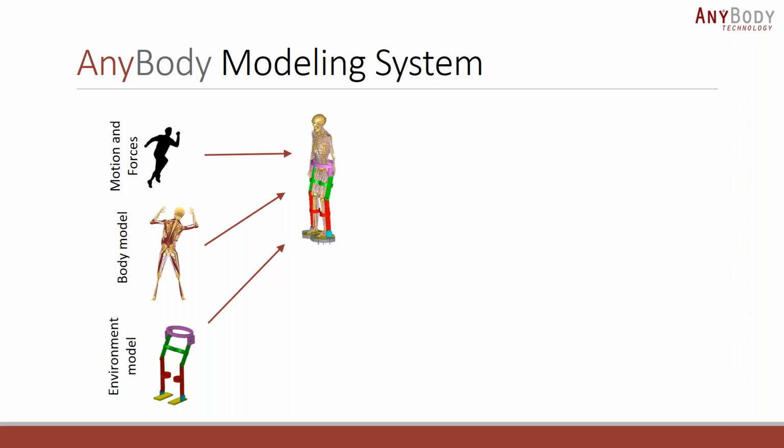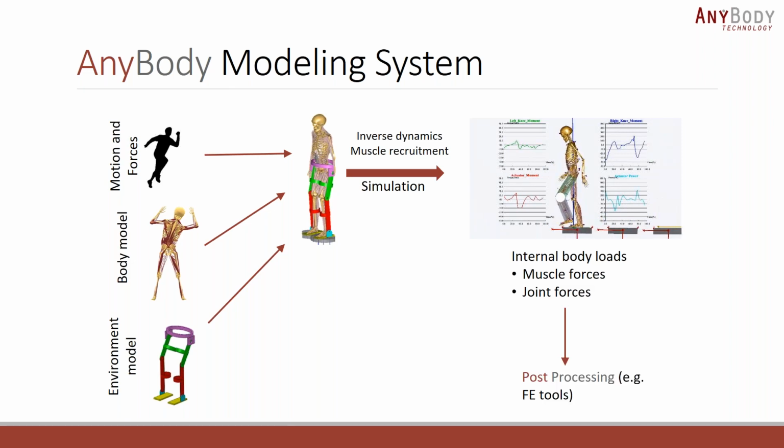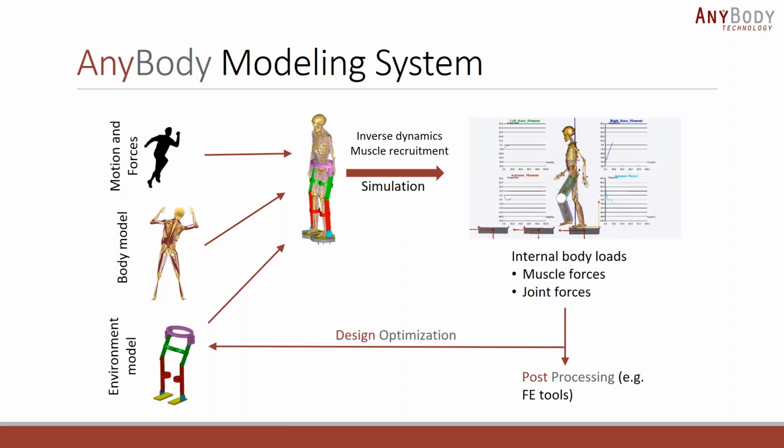Combine all of these things in the modeling system, run the simulations, the inverse dynamics, muscle recruitment, to get the internal body loads, muscle forces, and joint forces. Finally, you can output these things, for example, for post-processing in finite element tools, and you can even close the loop completely to do design optimization.